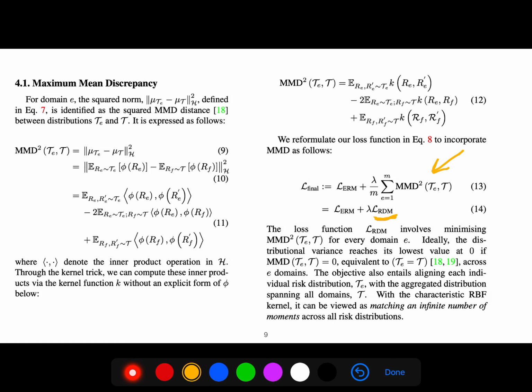Ideally, the distributional invariance reaches its lowest value if the MMD between them is 0. The objective also entails aligning each individual risk distribution with the aggregated distribution spanning all domains. With the characteristics of the RBF kernel, it can be viewed as matching an infinite number of moments across all risk distributions.